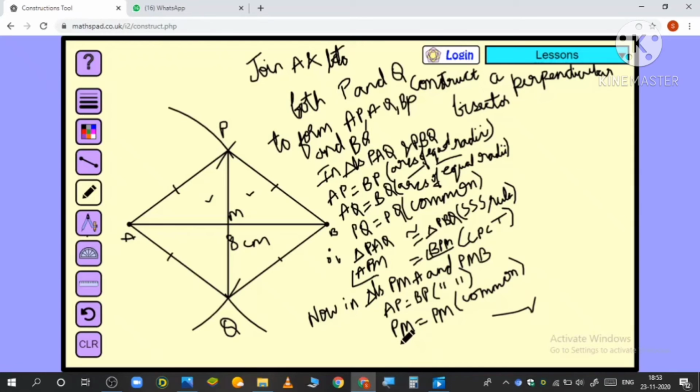Therefore, I can say both the triangles are congruent, when angle APM is equal to angle BPM. It's already proved above. Angle APM is equal to angle BPM.